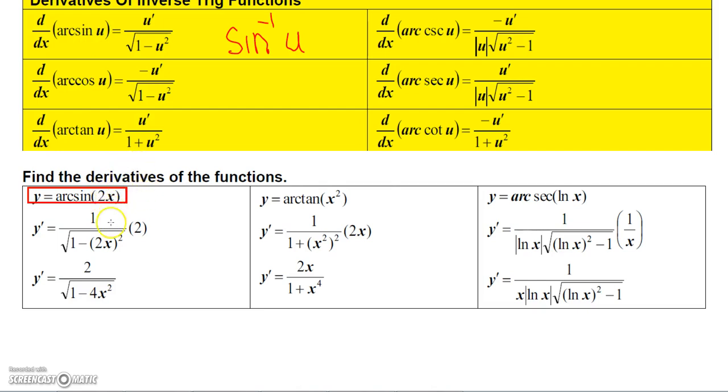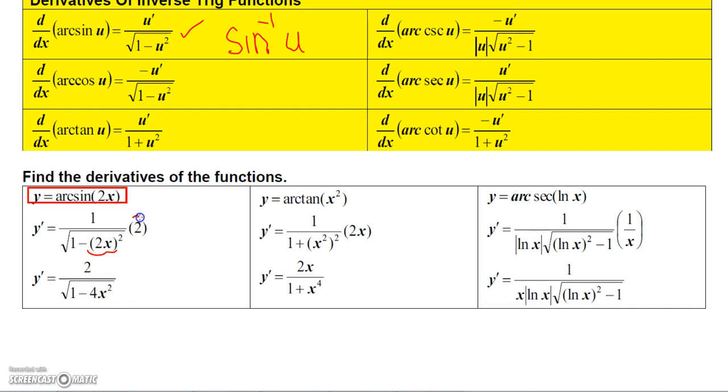So what I'm going to do is I'm going to have 1 over the square root of 1 minus u squared. I'm using this formula here. And remember u is 2x, so that would give me the square root of 1 minus 4x squared in the denominator.